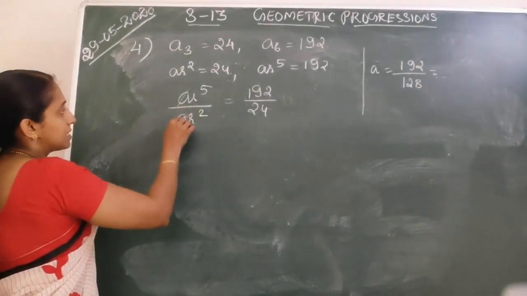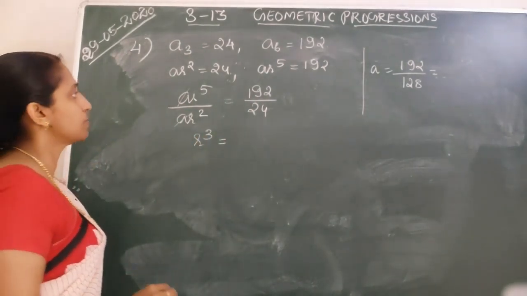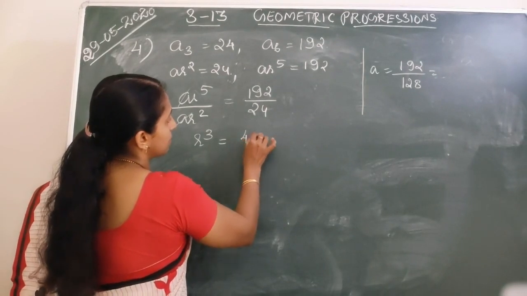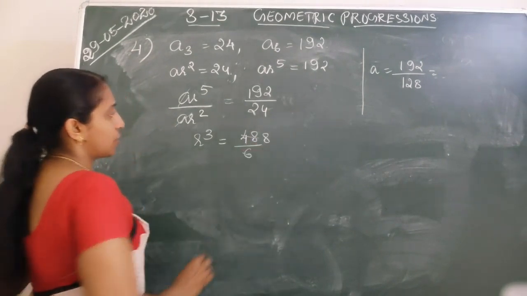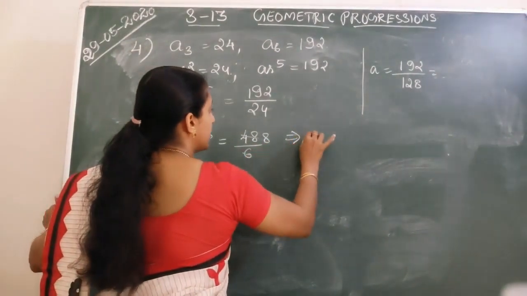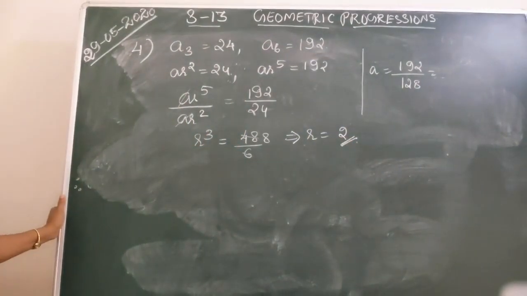You are getting R cube equal to 8. So R will be equal to 2.